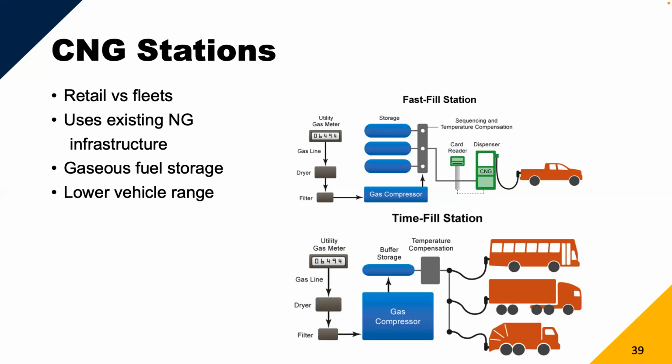Then there are time fill stations, where there's a buffer storage, but the gas compressor is a lot larger so that it can fill up that buffer storage. These typically refuel larger vehicles. Not going to spend too much time with CNG. It's not a heavily used alternative fuel.